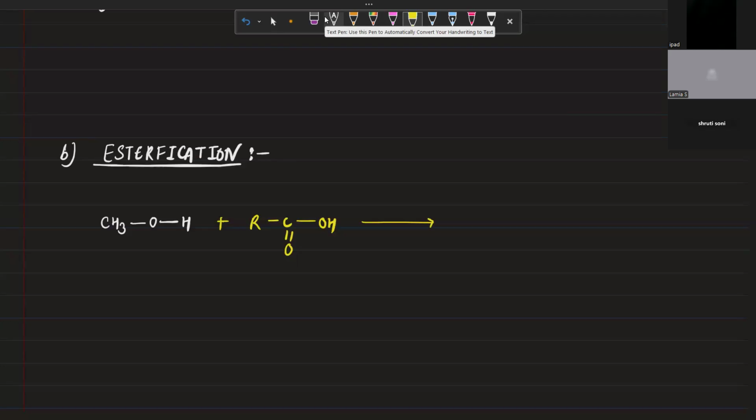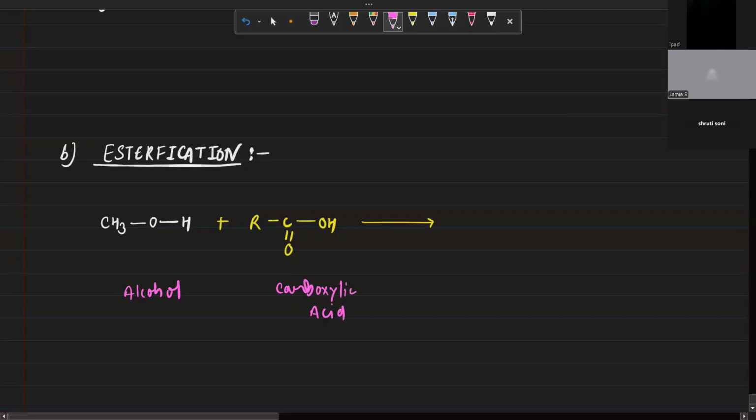Let's suppose this is the alcohol we are having, and here is the carboxylic acid. Now there are lone pairs on the carboxylic acid.